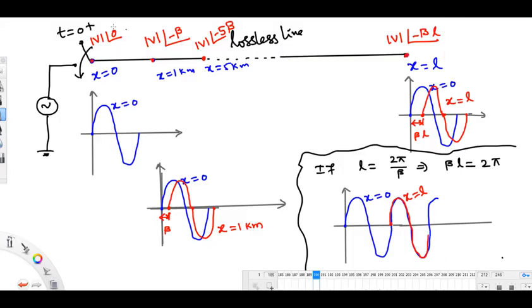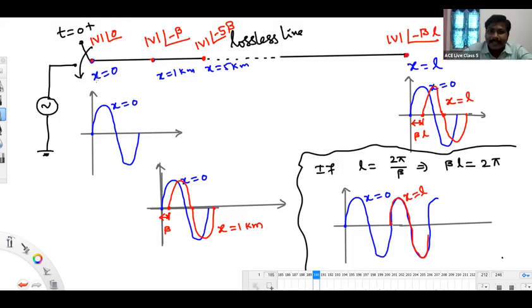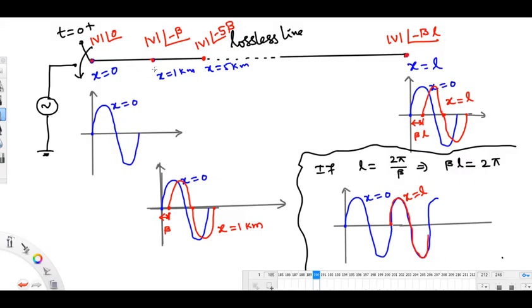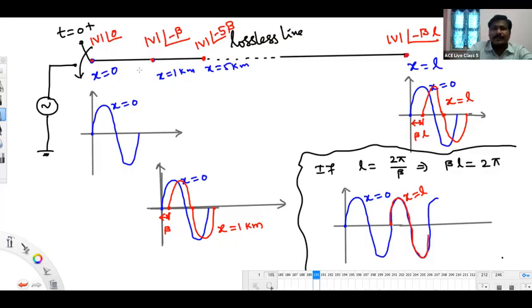Because after closing the switch at time t equals 0 plus, it will take some time to reach x equals l. So there is a time delay. My doubt is on ZL equal to ZC: you have taken V equal to mod VR at the angle of beta L. There the angles are different. Once the sending end side is the reference, you have shown the angle beta L, and the receiving end side is your reference 0.